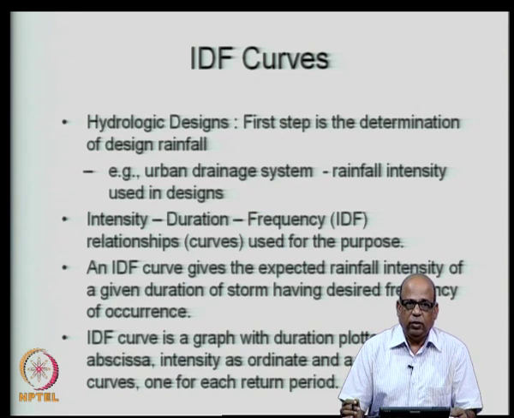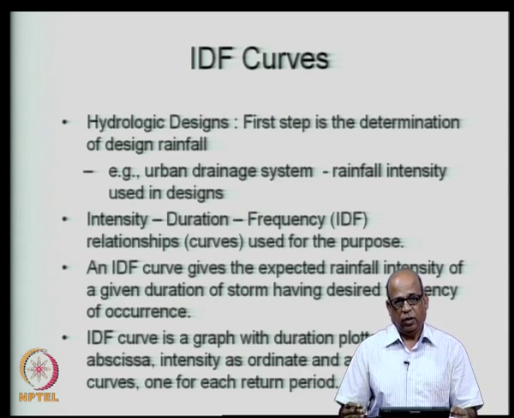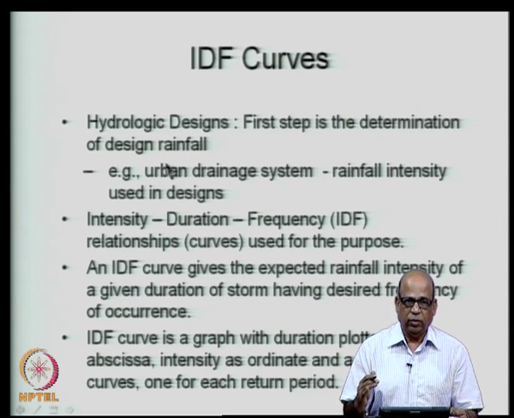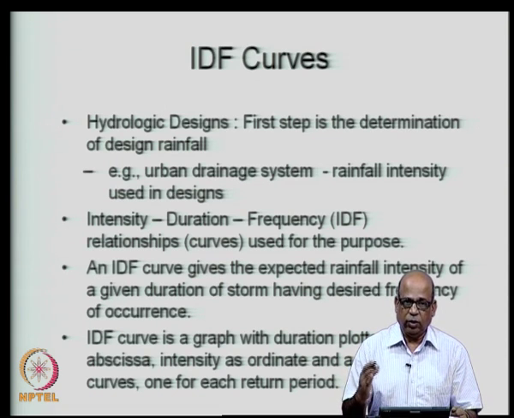As I mentioned, the first step in hydrologic designs is what kind of design rainfall you would like to use. By design rainfall, we mean the rainfall intensity. Now, the rainfall intensity, as I just mentioned, will depend on the design duration.